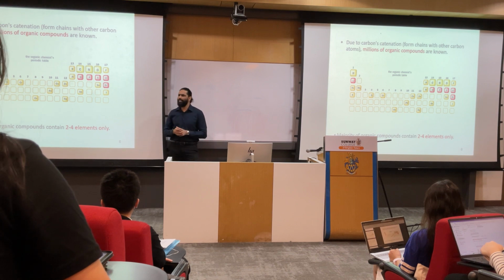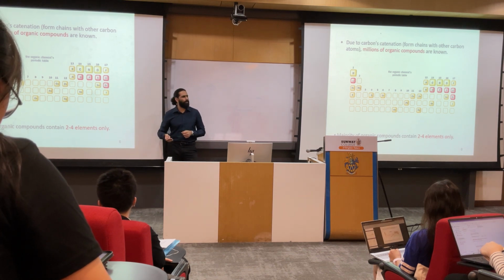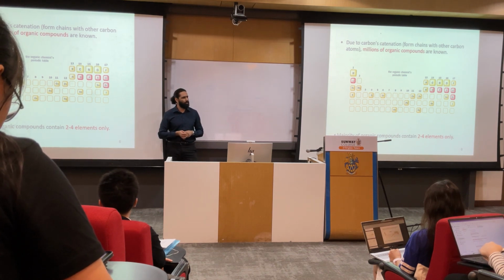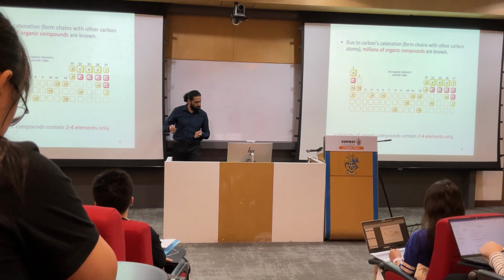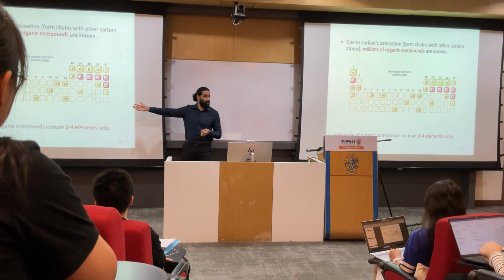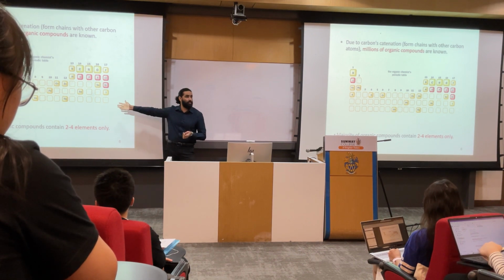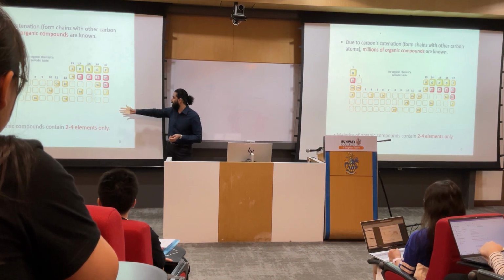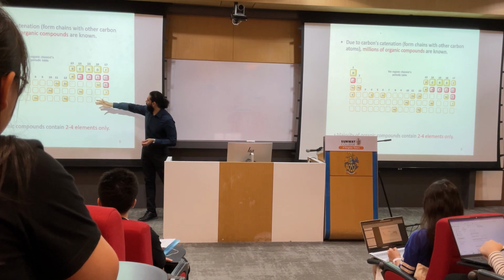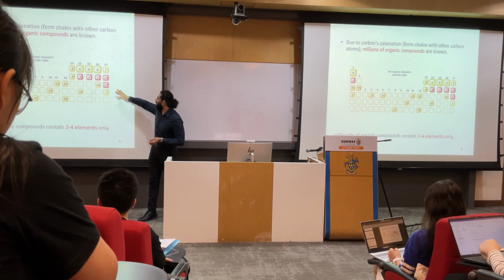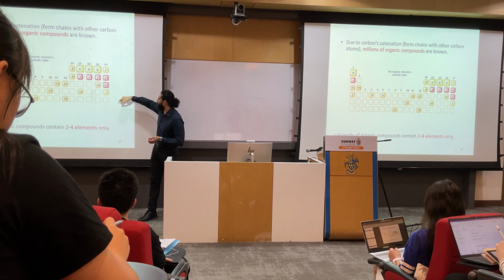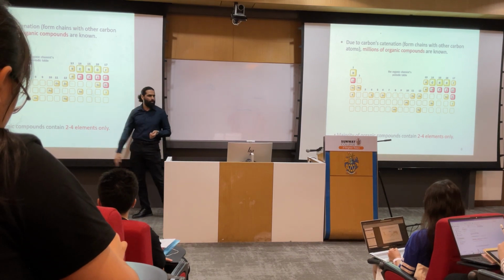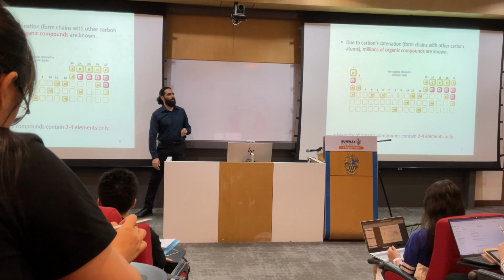Let's look at some examples of organic compounds before we actually talk about different types of bonding. This is the periodic table of elements that I was talking about previously. You see here that some of the elements are in green color, some of them are in red color, and some of them don't have their symbols in them.